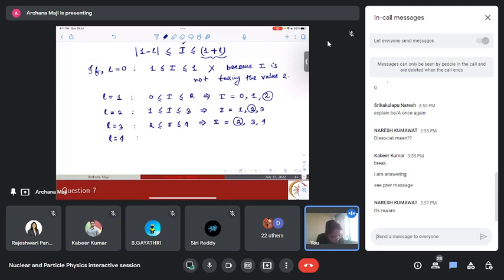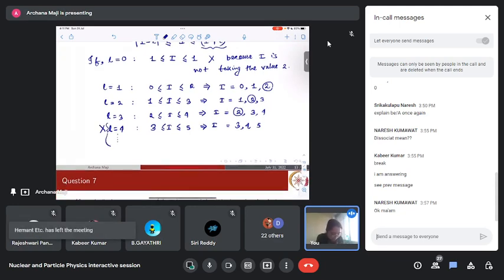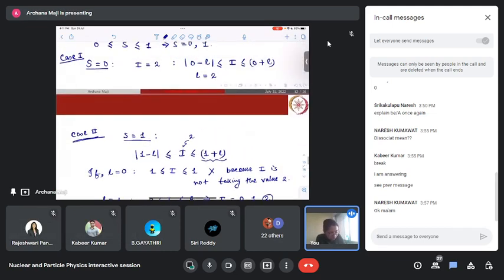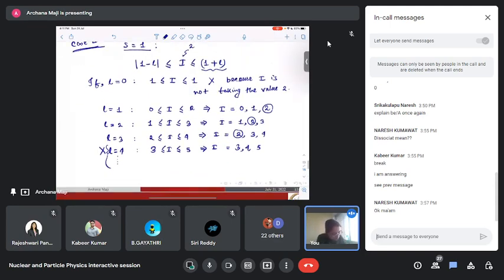For any value higher than 3, suppose L equal to 4, then I starts from 3 and runs up to 5, that means I is 3, 4, 5, so not possible. Any other value of L greater than 3 is not possible. So for S equal to 0, we obtain L to be 2, and for S equal to 1, we see that L can be either 1, 2 or 3.